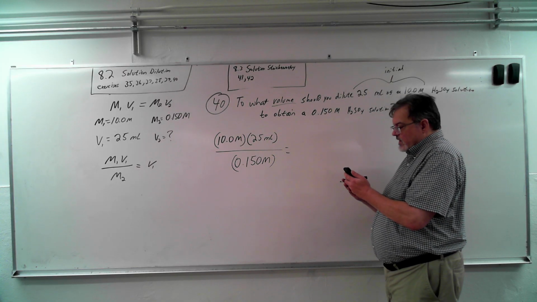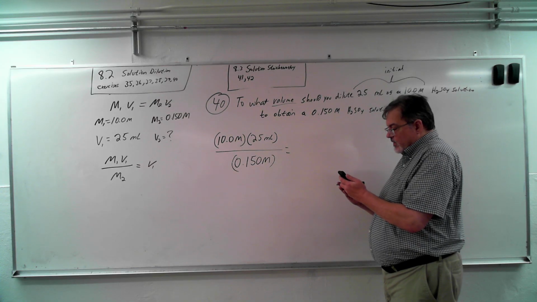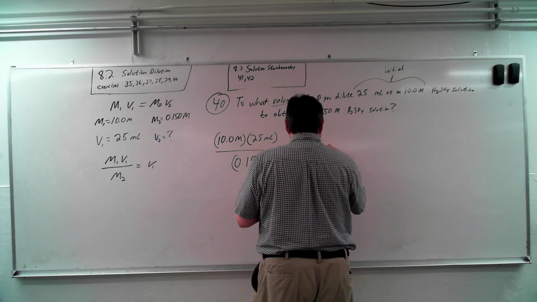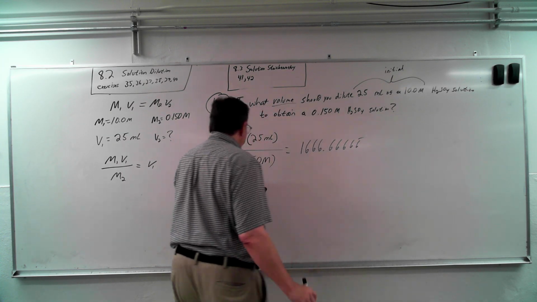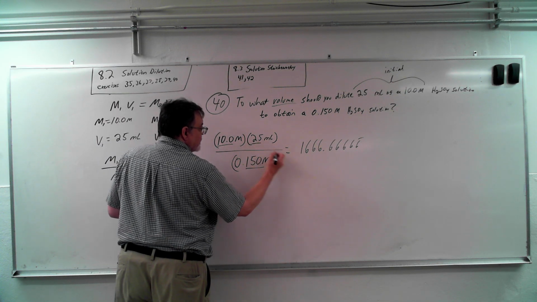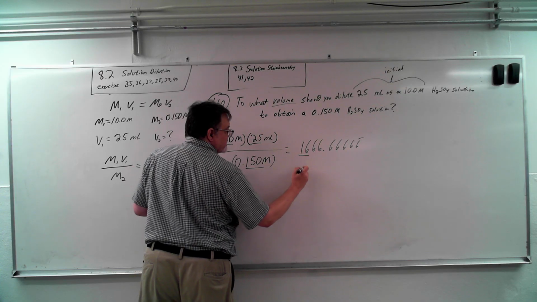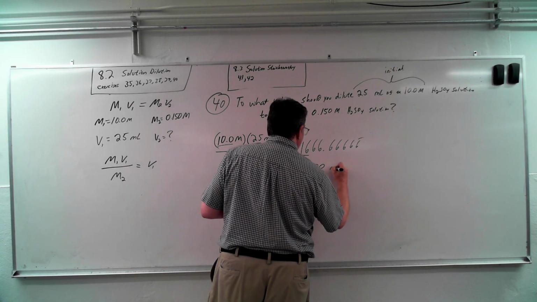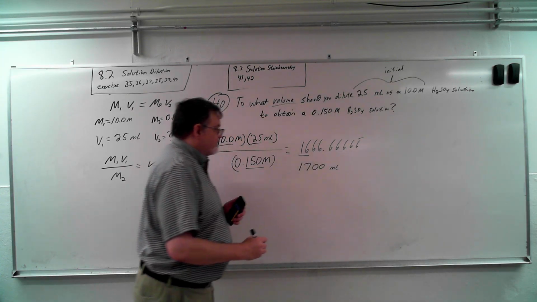10.0 times 25 divided by 0.150. My calculator says three significant figures, so that's what I'm keeping. This 6 rounds to a 7. Milliliters. That's the answer.